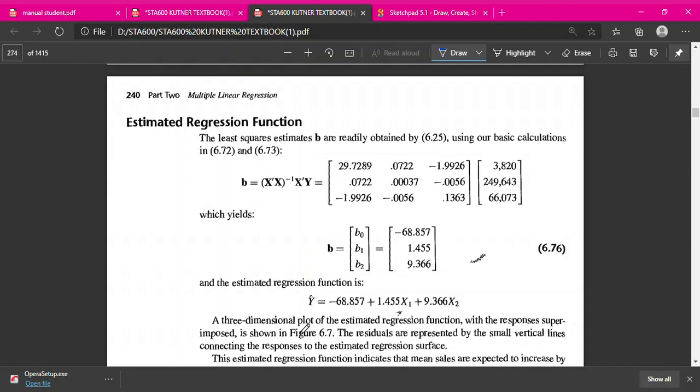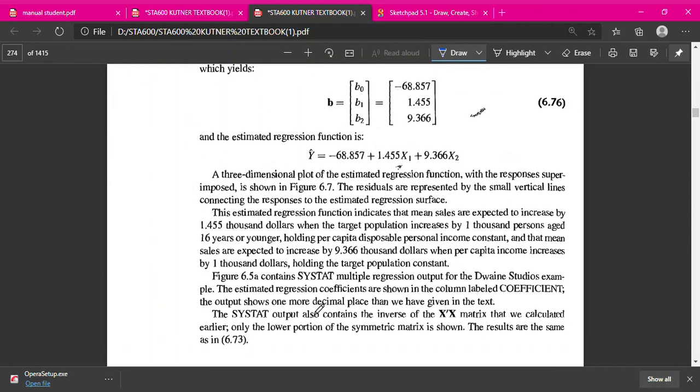Okay, and then you also need to know how to interpret the value of beta here. Ada dekat sini actually in your textbook. Okay, kita baca sikit. Dia kata kat sini, the second paragraph, this estimated regression function indicates that the mean sales, which is Y, are expected to increase by $1.455,000.